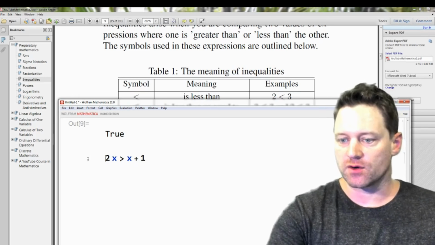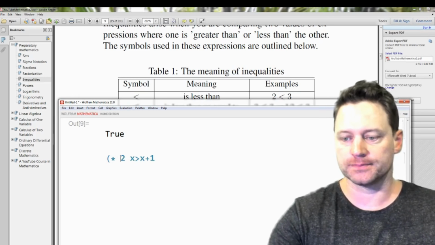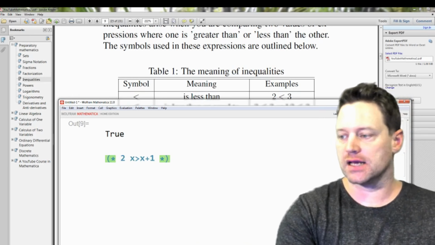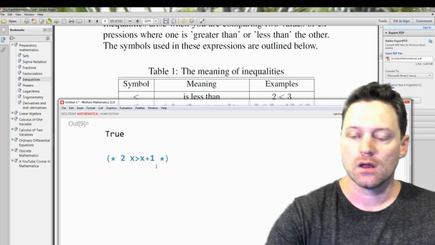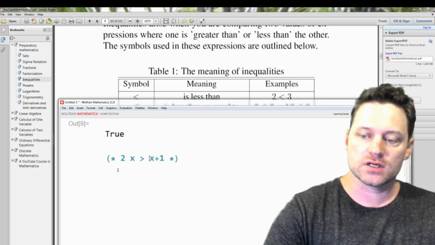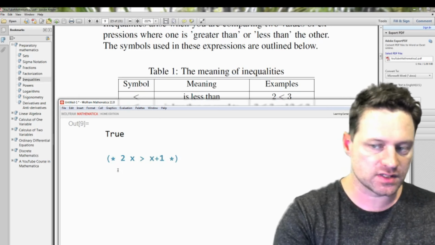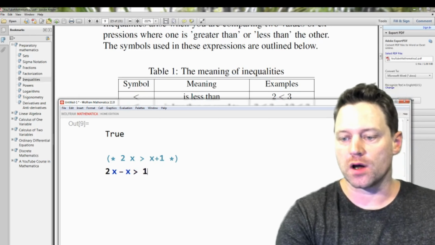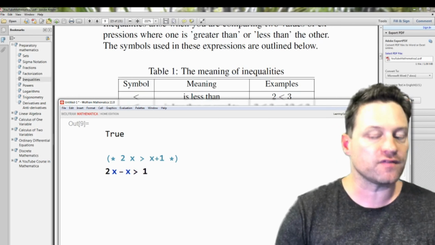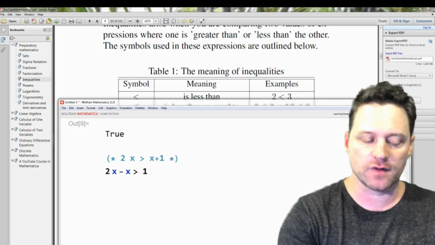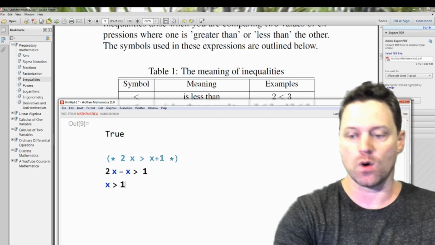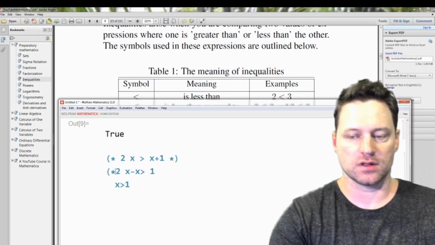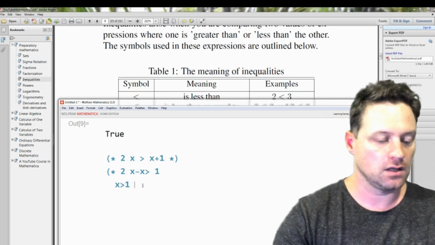I'm going to write this in comment form, because I'm explaining the calculation. So I want to subtract x from both sides. So I have 2x minus x is greater than 1. Then I simplify the left-hand side, and I find that x is greater than 1. All of that is a comment, so I'll put the comment around it and carry on.